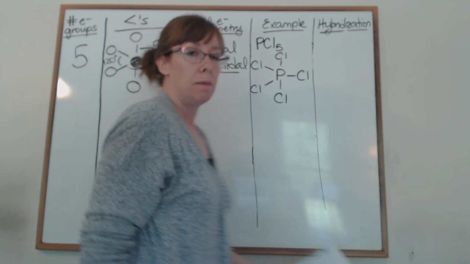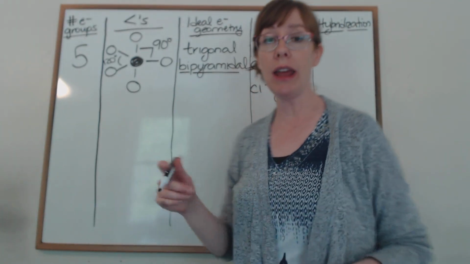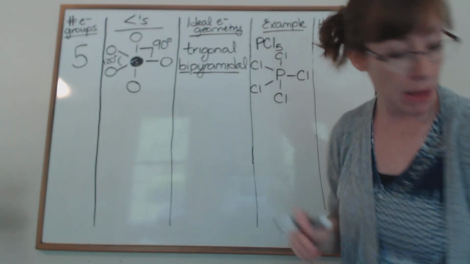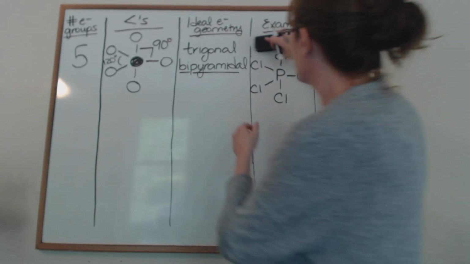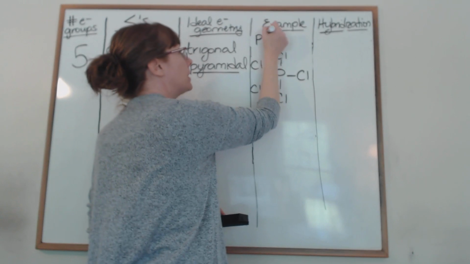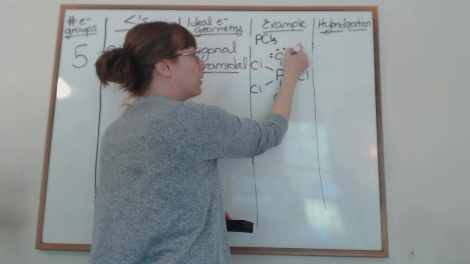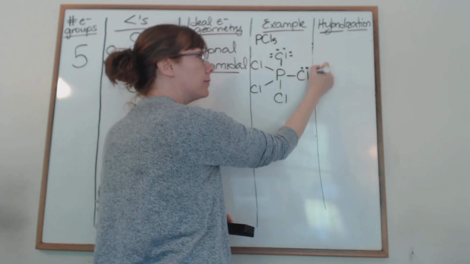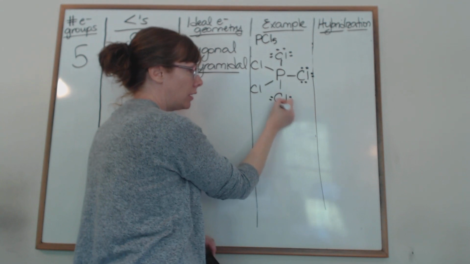Now, a VSEPR model has to contain everything that the Lewis structure had. It's a little bit tedious, but had we drawn this Lewis structure, and you certainly could just to practice, you would see that all of these chlorines have 3 sets of lone pairs. That's why they have their octet. They've got to have their octet or else it wouldn't exist.